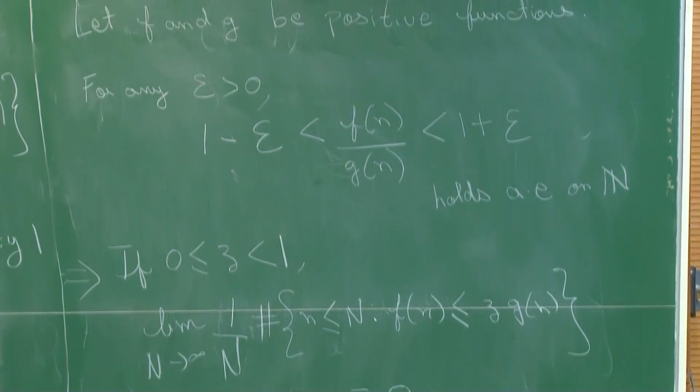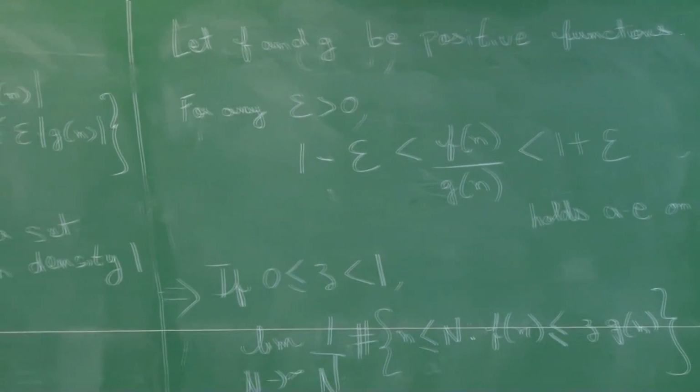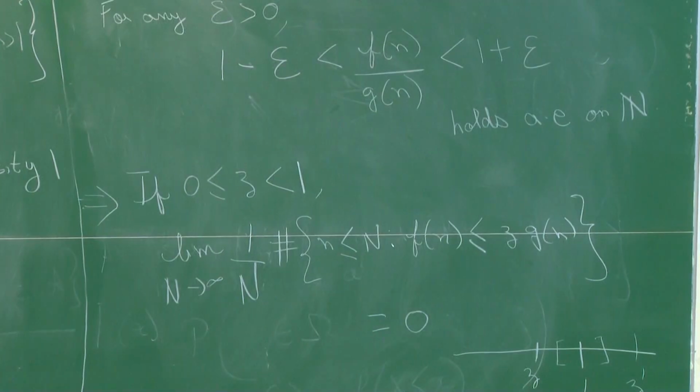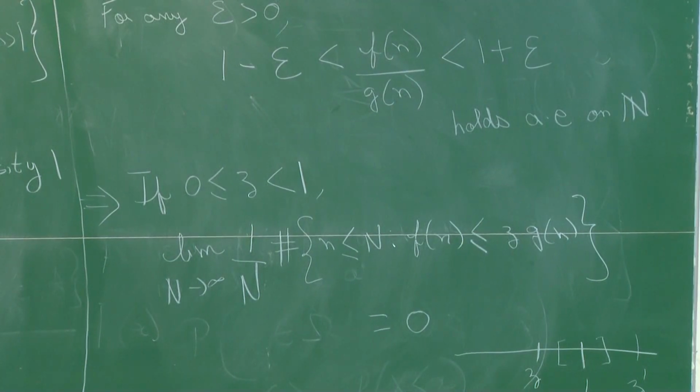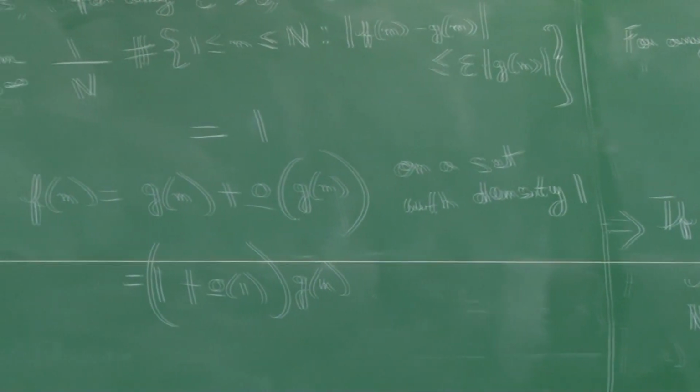the limiting distribution function of f by g, when f and g are both positive functions, is exactly equal to the indicator function on the interval 1 to infinity.